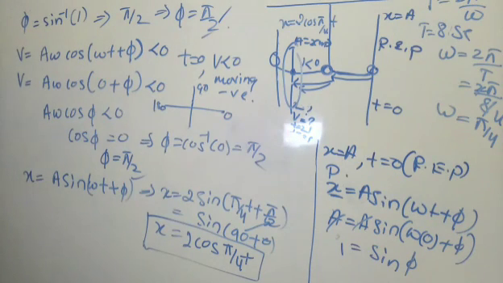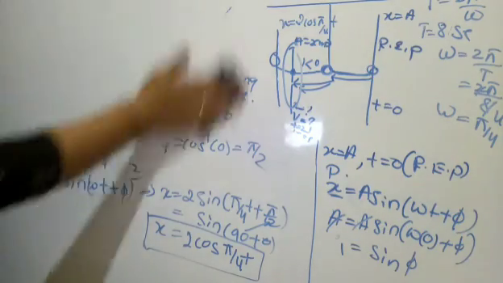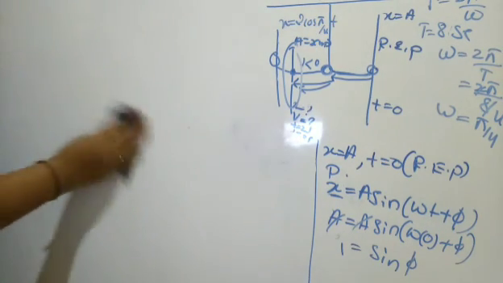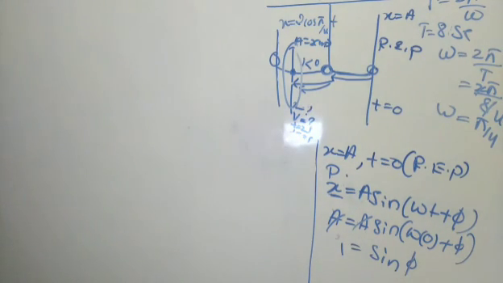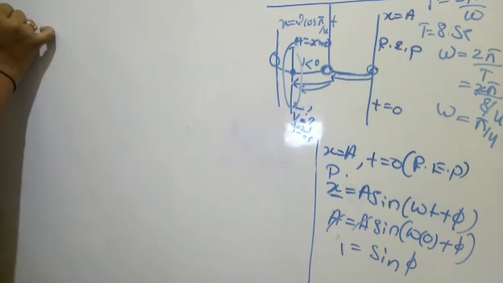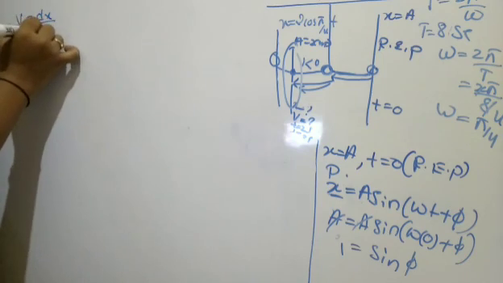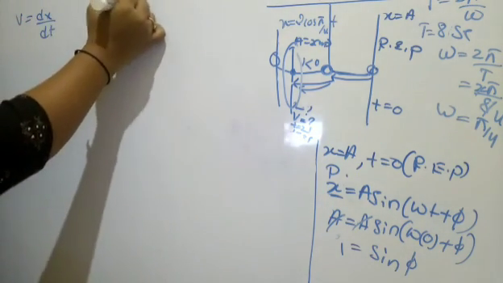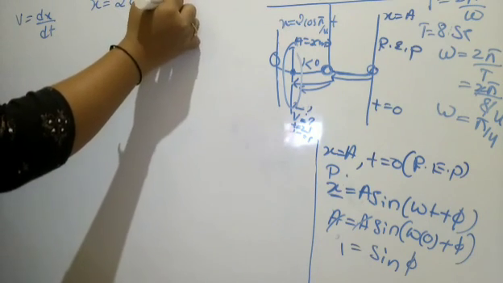Whether the displacement is moving positive or negative, we will check with the velocity here, right? So let us go ahead with the velocity part, at particular times t is equal to 2 seconds and t is equal to 3 seconds. V is equal to dx by dt, right? As we got x is equal to 2 cos pi by 4 t.